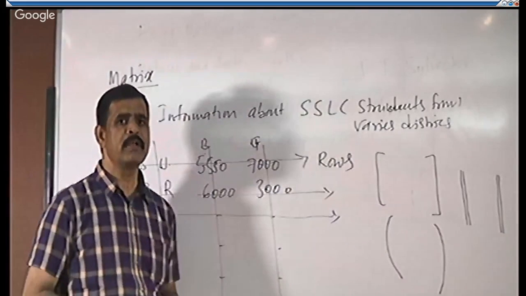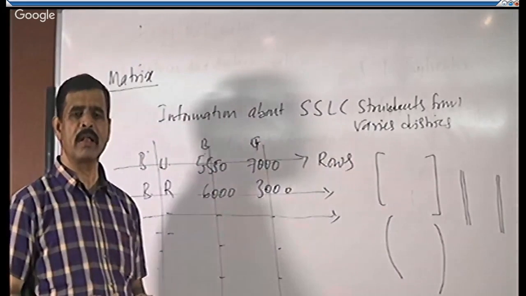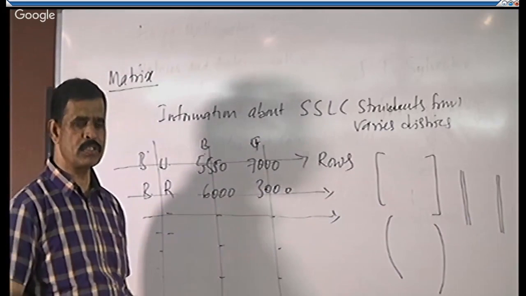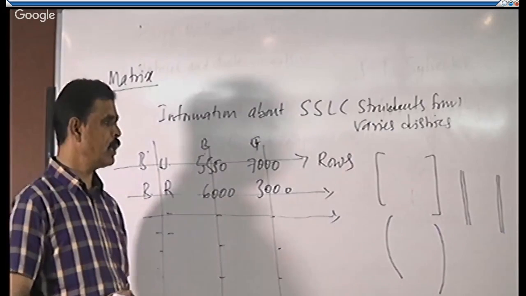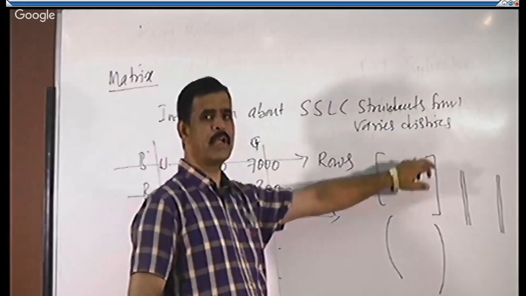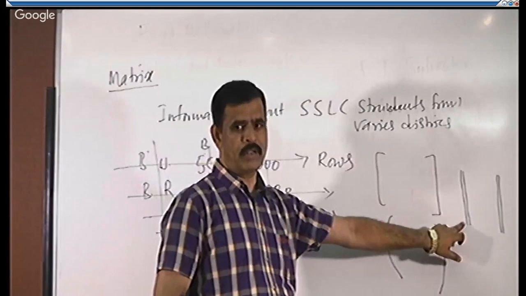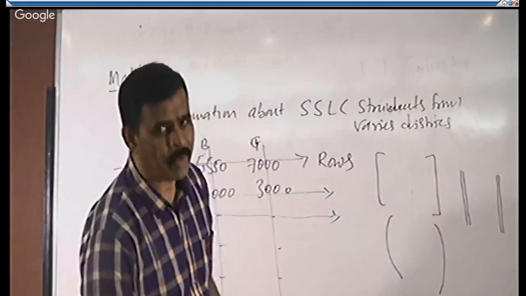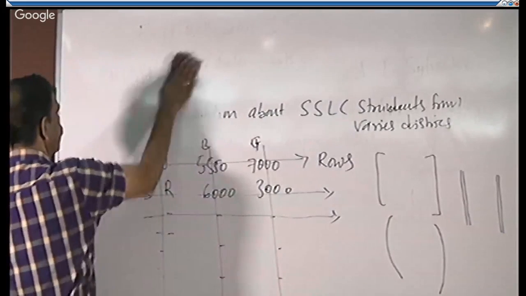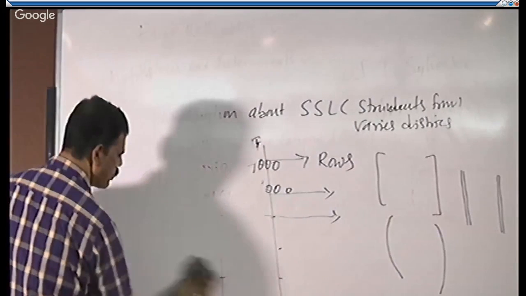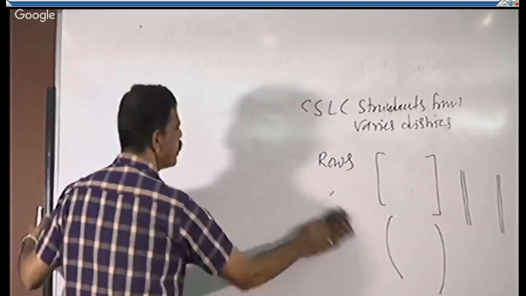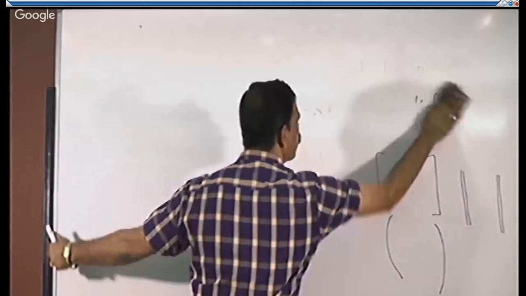So I repeat, a matrix is a rectangular arrangement of numbers in the form of rows and columns enclosed in a bracket like big bracket, parenthesis, small bracket and double bar. This is the definition of a matrix.